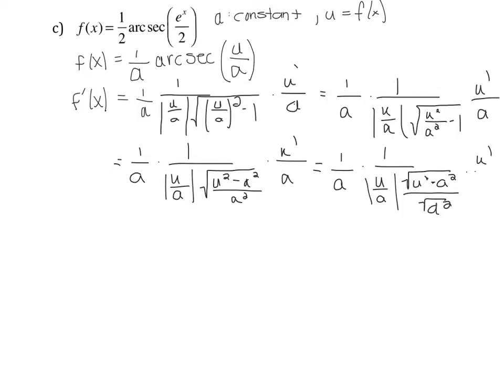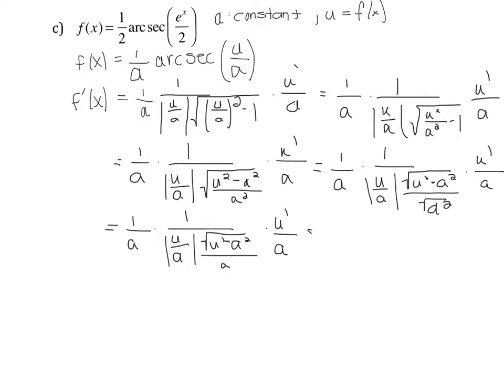So we've still got u prime over a. And then that allows us to say 1 over the absolute value of u over a. And then we still have the square root of u squared minus a squared, and then the square root of a squared is a. Yay.